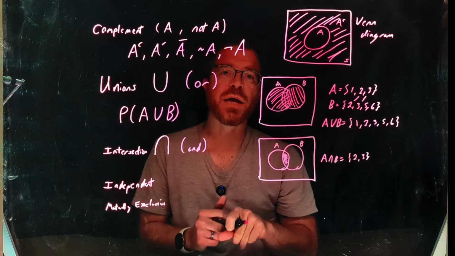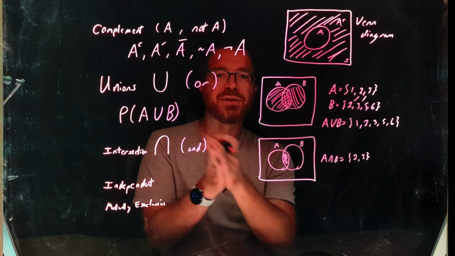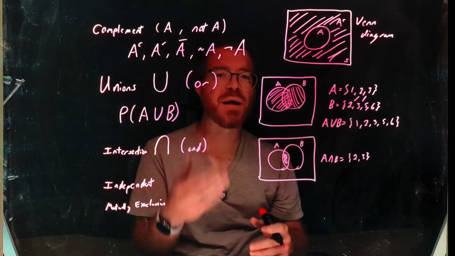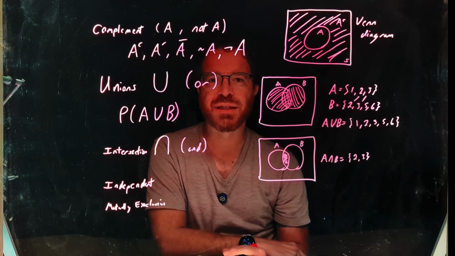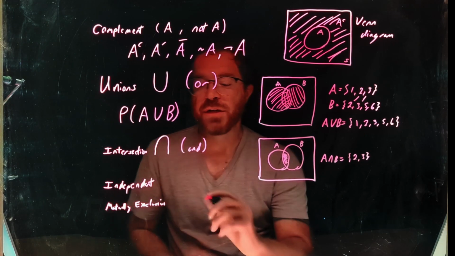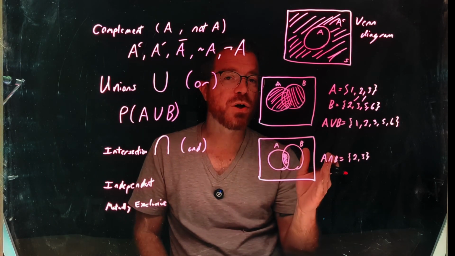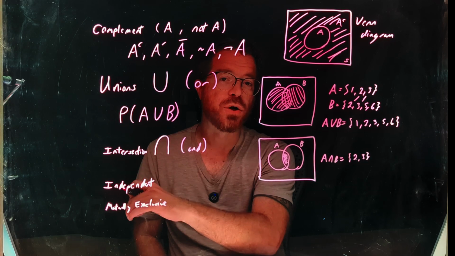So you can't say, okay, what's the probability that I get a red card that's also a black card? And we'll talk more about this whenever we get into the multiplication rule of probability. But mutually exclusive just means that two events cannot occur simultaneously. If one occurs, the other one could not have occurred.